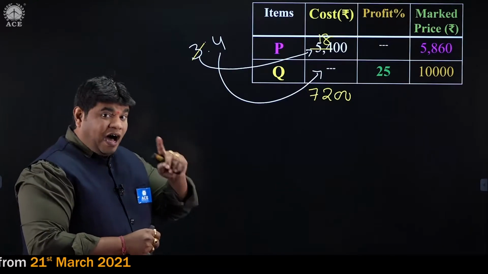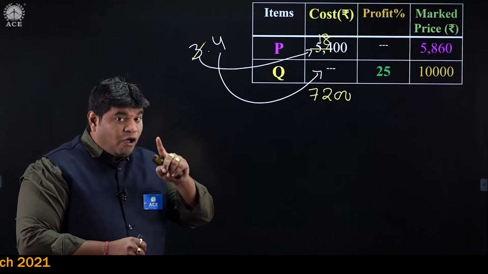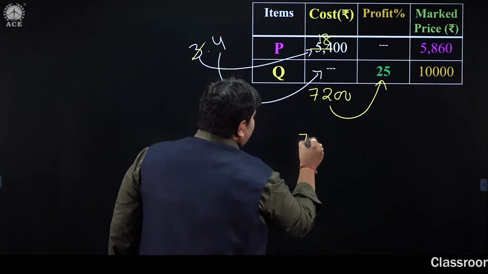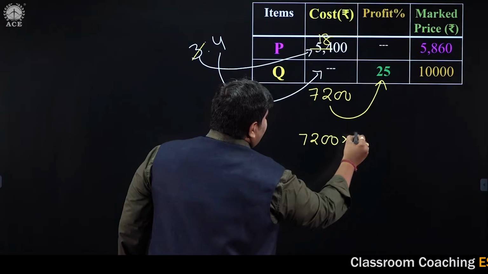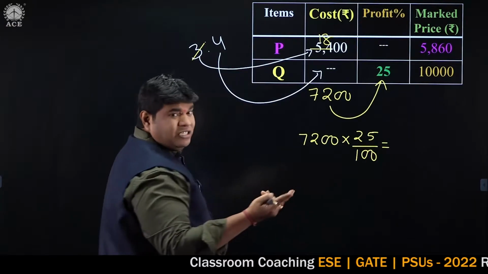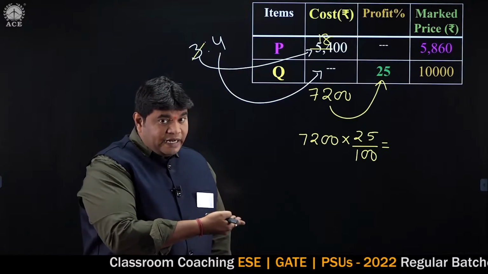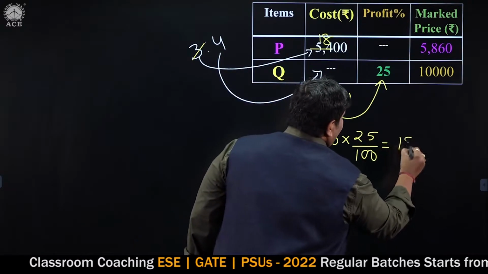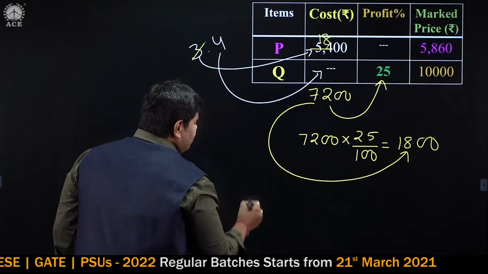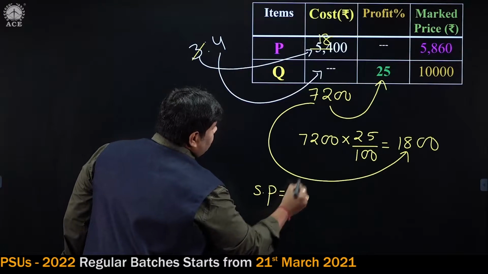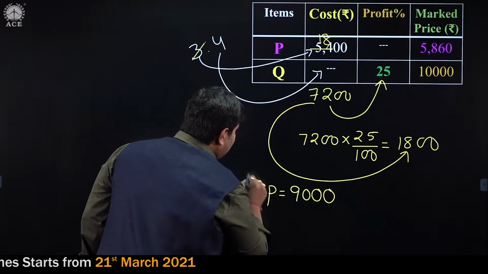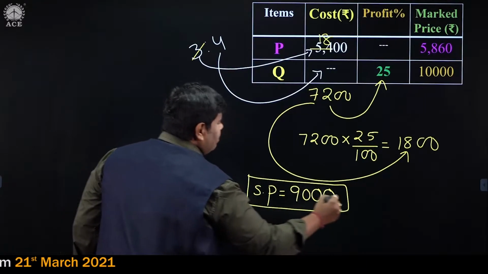On 7200, profit is 25%. 7200 into 25 by 100. Generally 25% is 1/4, so 1800 is the profit. So cost price plus profit gives the selling price: 7200 plus 1800 is 9000. So selling price is 9000.